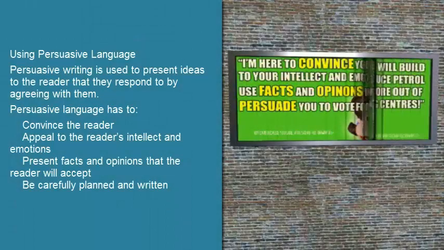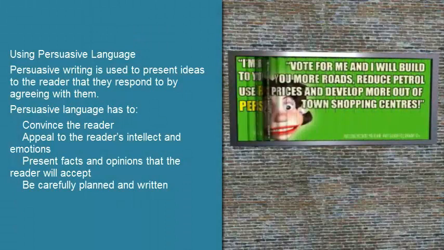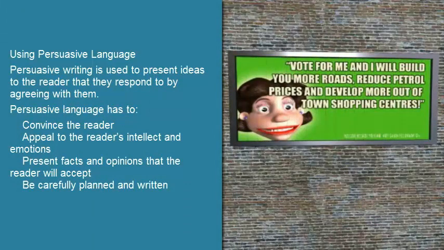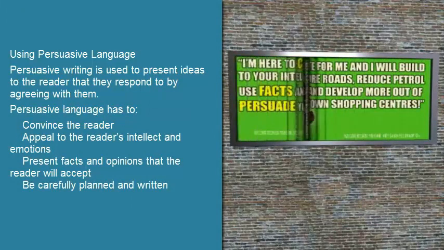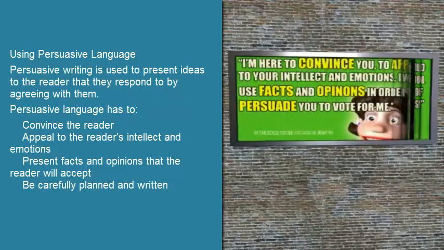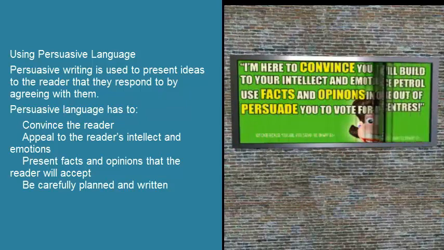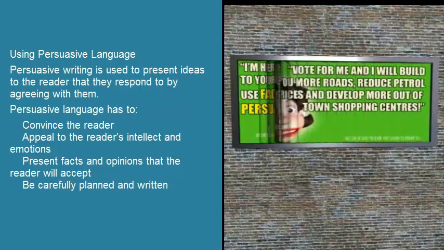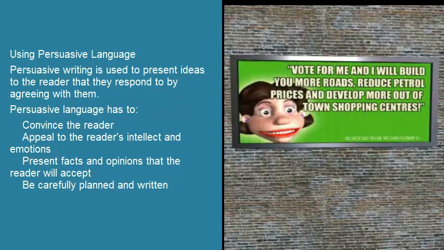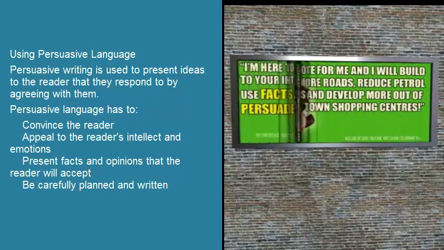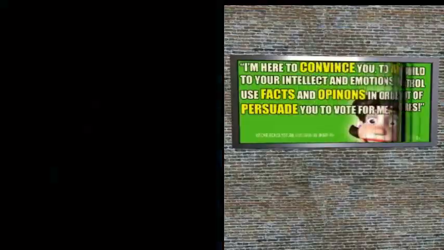Using persuasive language. Persuasive writing is used to present ideas to the reader that they respond to by agreeing with them. Persuasive language has to convince the reader, appeal to the reader's intellect and emotions, present facts and opinions that the reader will accept, and be carefully planned and written.